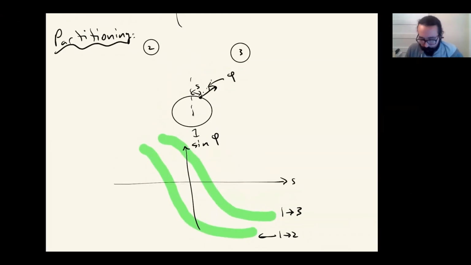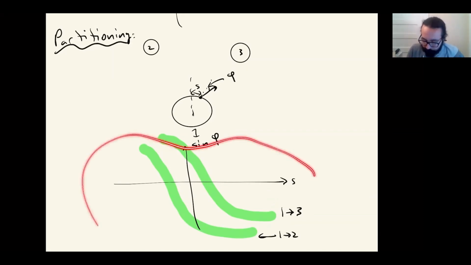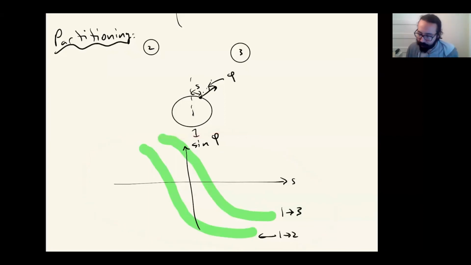So one of the difficulties is visualizing phase space in higher dimensions. If you've had a good classical mechanics class, this is an example of a Poincare section, but we're not going to be needing any fancy terminology.